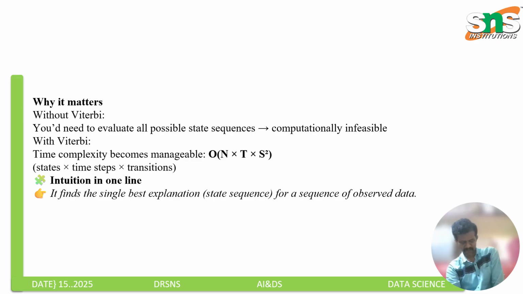With Viterbi, the time complexity becomes manageable, and we can consider the states, time steps and transitions. Next, the intuition in one line: it finds the single best explanation, the hidden state sequence, for a sequence of observed data.